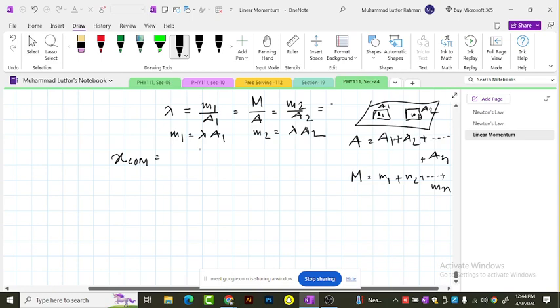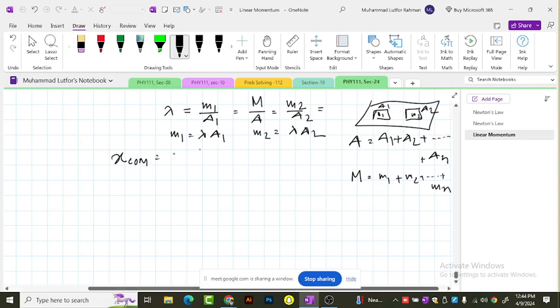This is a homogeneous distribution. If you take the smaller mass divided by smaller area for different cases, and if you take the total mass divided by total area, that ratio must be equal.